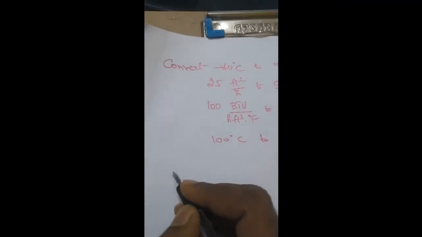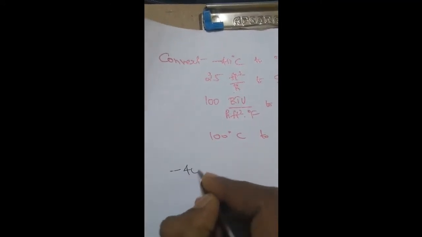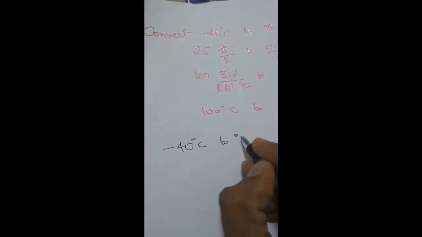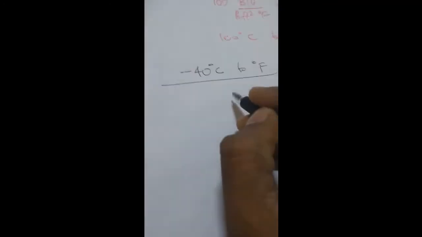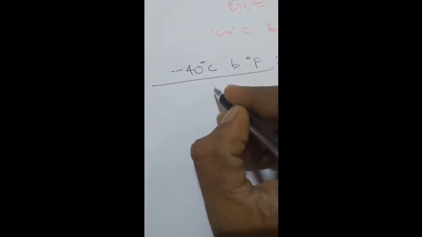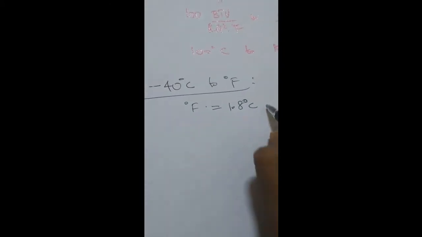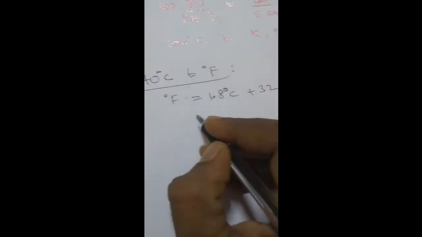Let us take the first one, which is given minus 40 degree Celsius to degree Fahrenheit. Degree Fahrenheit is equal to 1.8 times degree Celsius plus 32.